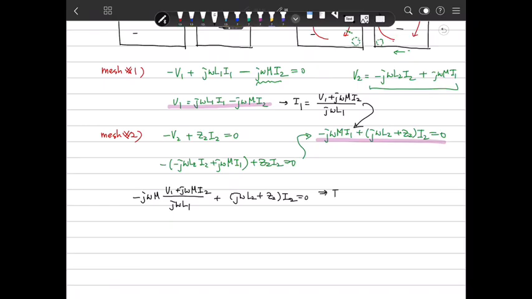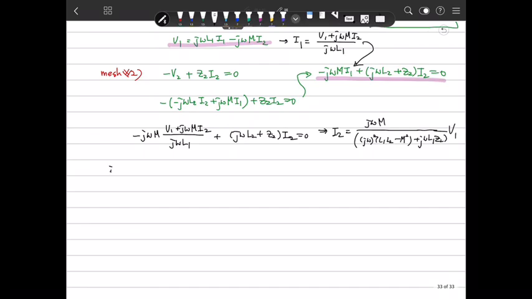Now from here, I2 is jωM over jω squared L1 L2 minus M squared plus jωL1 G2, times V1.